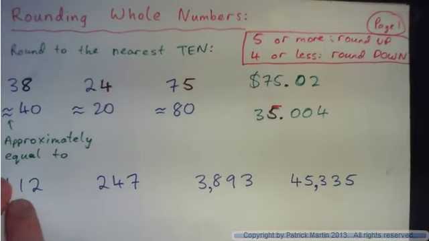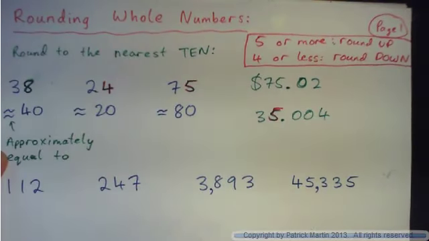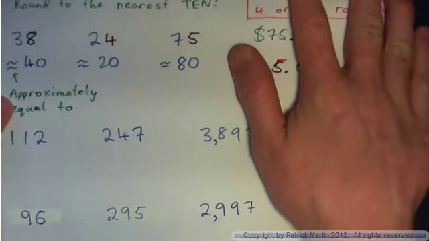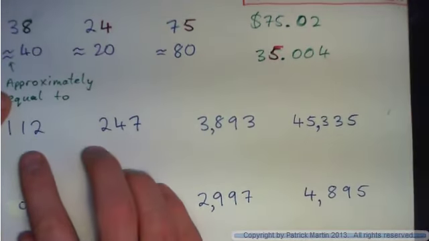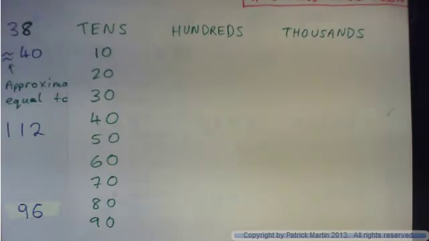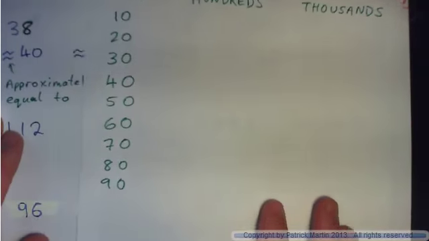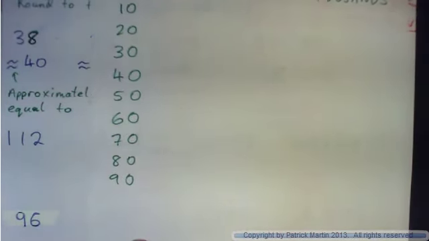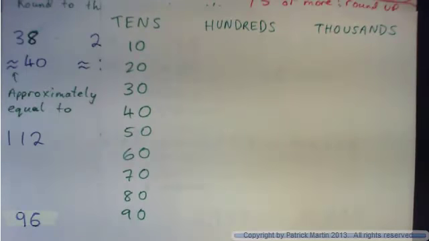So that's that. Now if we were rounding these guys to the nearest 10, what would we do? Let's have a look at 112. What 10 number is 112 closest to? Well, none of these. But if we were going 60, 70, 80, 90, what would come next in this sequence of 10s? The next 10 number is in fact 10 tens, or 100.